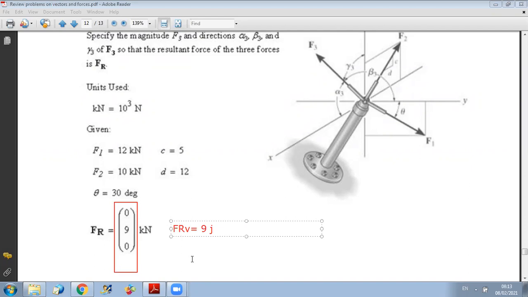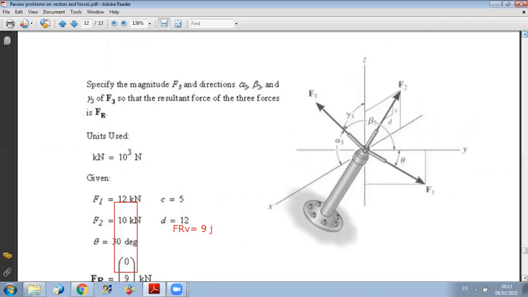Nothing is unknown about it. Now, what about the 3 other forces, F1, F2, and F3? Let us look together. For F1, I will put what they gave me. They gave me that the magnitude of F1 is 12 kilonewton. Okay? And I also know the angle it makes with the y-axis. It's an angle of 30 degrees.